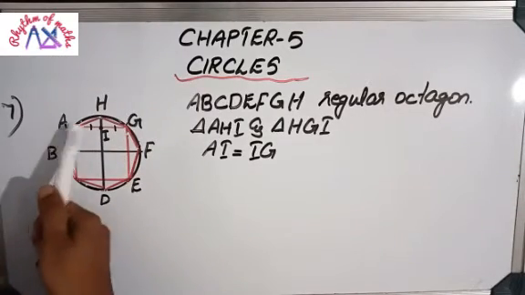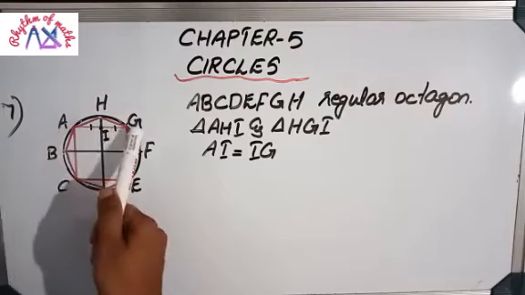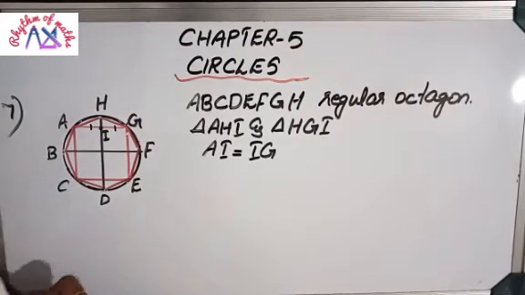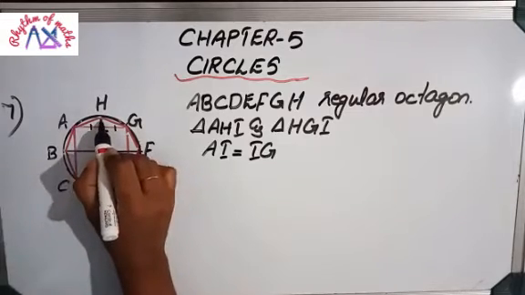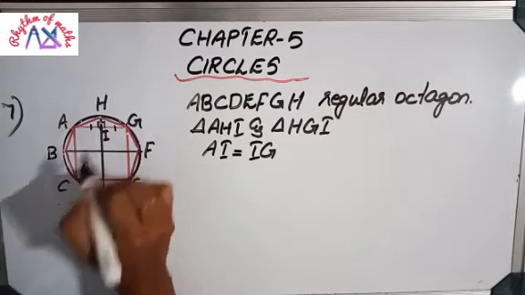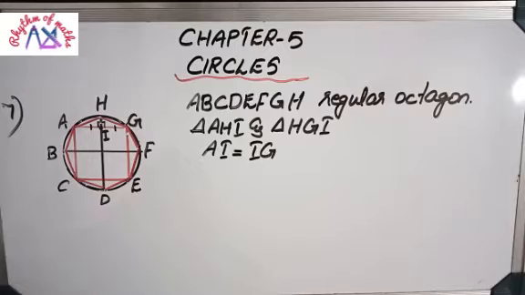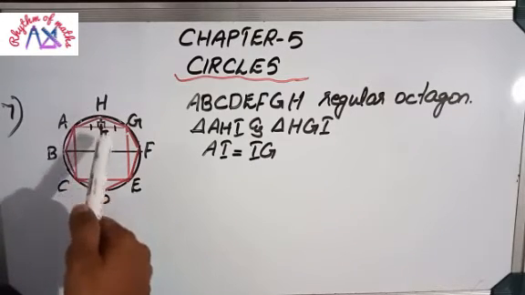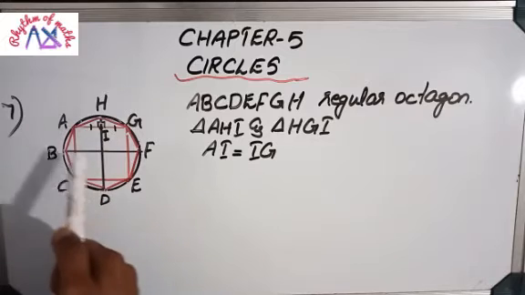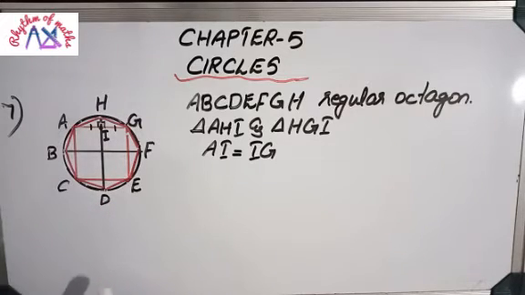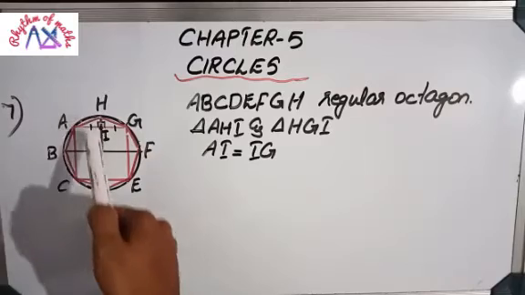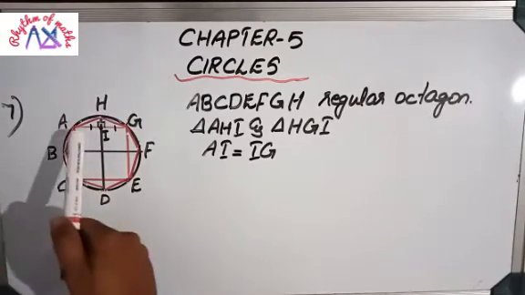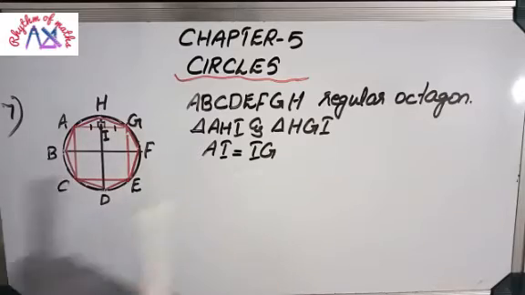Here you can see AG is a chord, and HD is a perpendicular diameter. That means these two are 90-degree angles. A perpendicular 90-degree line will divide the chord into two equal halves. We learned that in the beginning: a perpendicular line from the center divides the chord into equal halves. That's why AI and GI are equal.